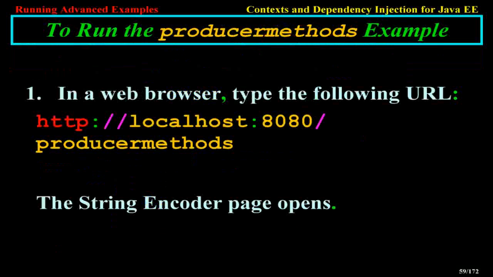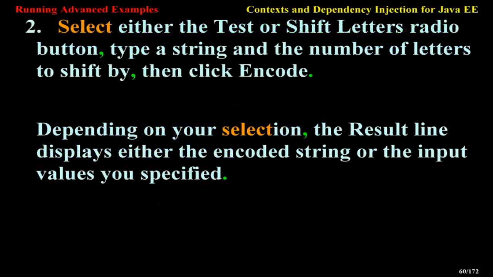To run the producermethods example, in a web browser, type the following URL: http://localhost:8080/producermethods. The String Encoder page opens. Select either the Test or Shift Letters radio button, type a string and the number of letters to shift by, then click Encode. Depending on your selection, the result line displays either the encoded string or the input values you specified.